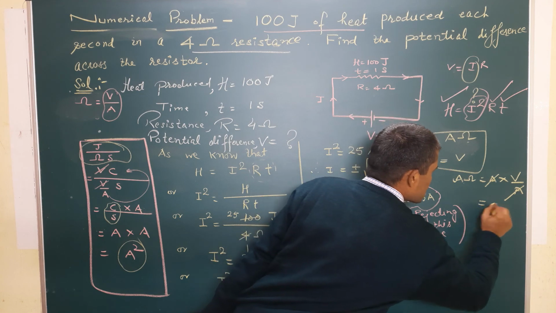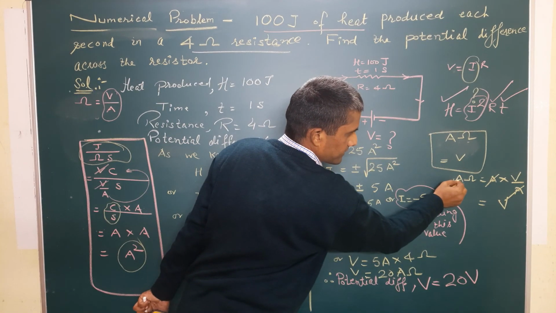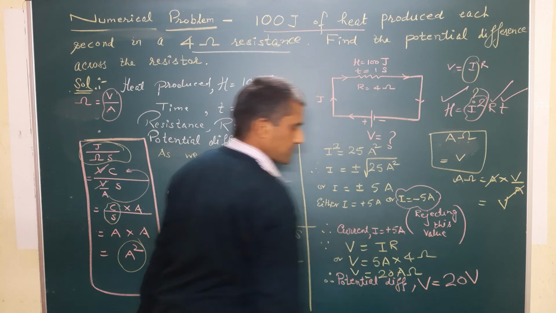Ampere cancels, which shows that ampere multiplied by ohm is equal to volt.